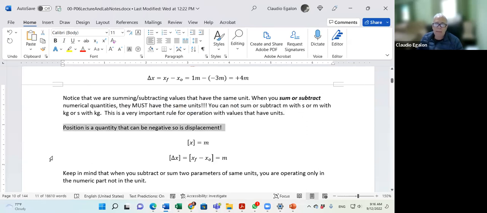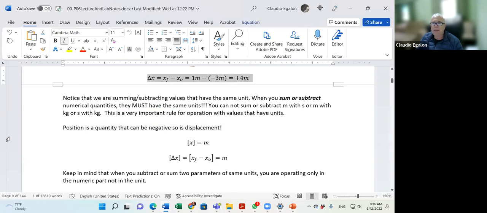Position is a quantity that can be negative. So is displacement as well. It all depends on where the final and initial positions are going to be.